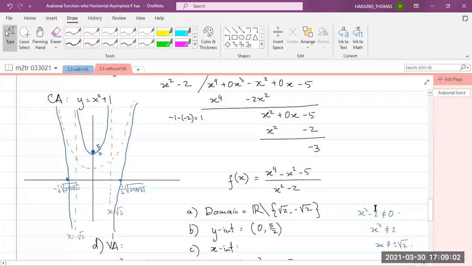That's the graph. Now, if you try to use your graphing calculator to graph that, I don't think you can get this. You won't be able to graph the curvilinear asymptotes.